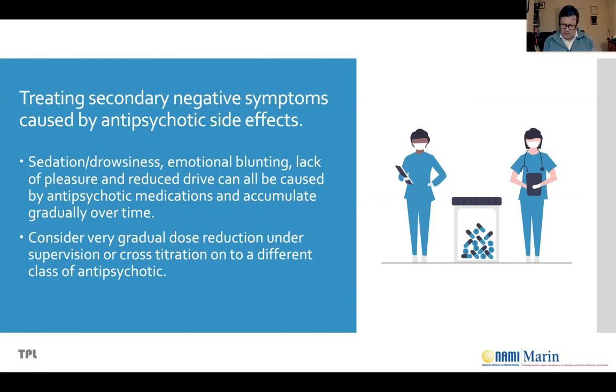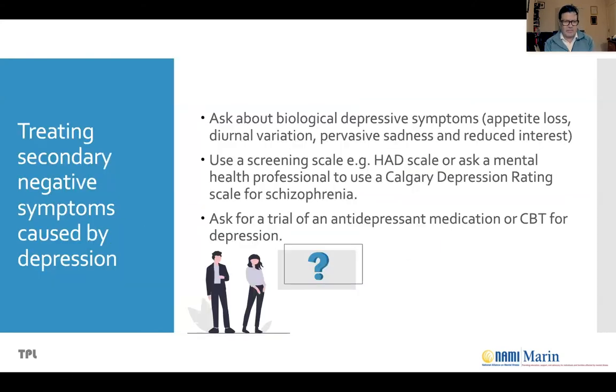You would never change this off your own bat, but the psychiatrist may well, on review, say it's possible that this medicine could be worsening the negative side effects. So I'll bring the dose down by a notch, or I will switch to a different type of antipsychotic which doesn't have that side effect. So that's really one, if you think that's going on, to discuss with your psychiatrist.